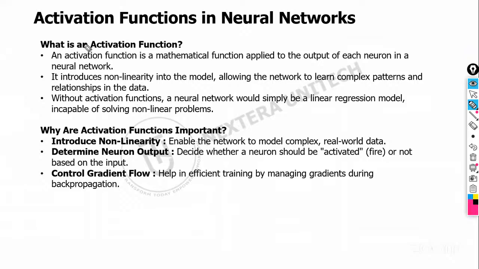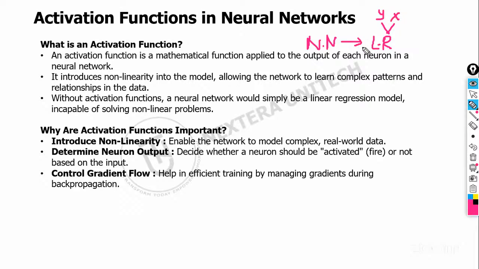Without activation functions, a neural network is similar to linear regression. Again, friends, if you don't have any knowledge of how linear regression works, just go through my previous session on linear regression. Here you'll have a linear relation between your y and x, input and output.